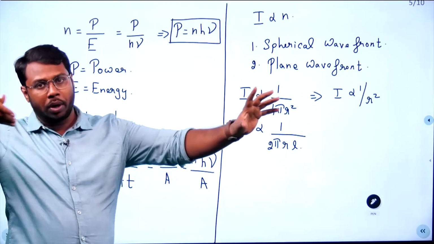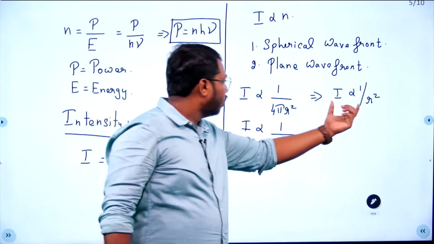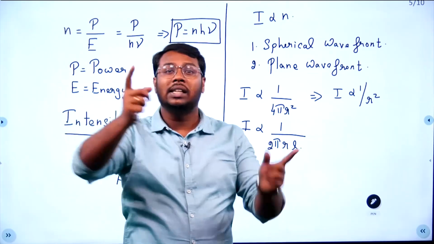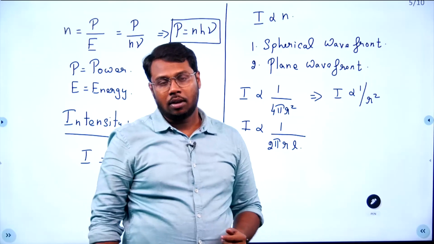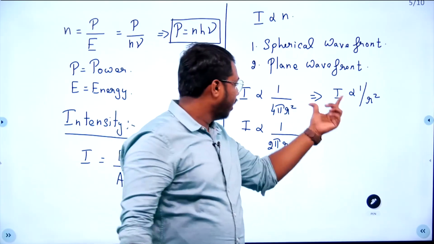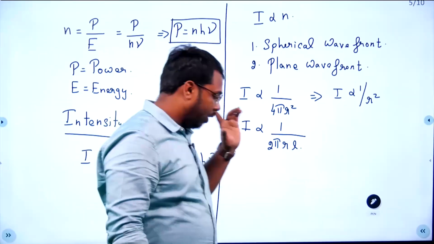So, that is what this means. As the distance of the source from the screen increases, the intensity decreases. Just like Newton's law of gravitation and Coulomb's law, intensity is also an inverse square relation. These are very important things.